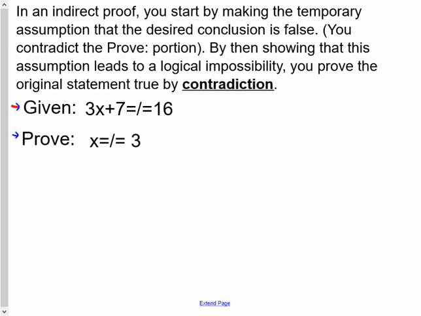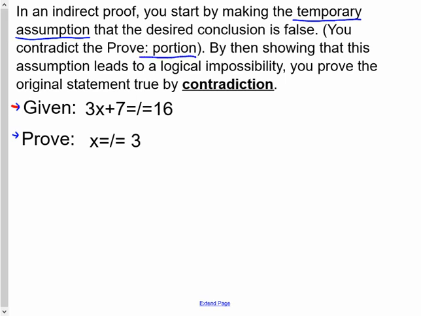Commonly, we will see things like that or an inequality, this greater than that. Well, we don't always have an easy way to prove that. So how we have to prove it is that we assume temporarily that the conclusion, or the proof, is false.